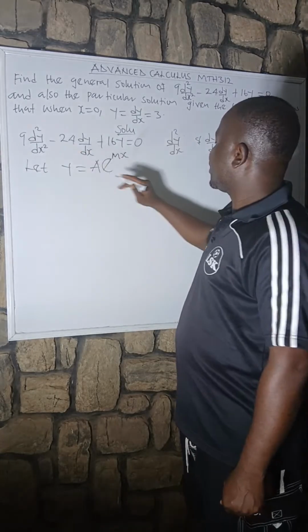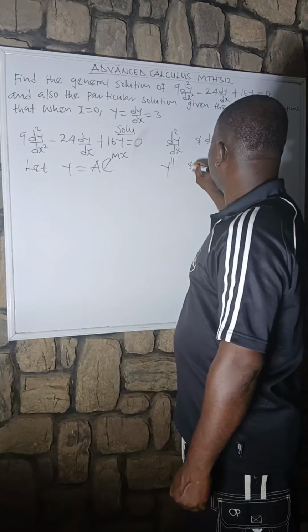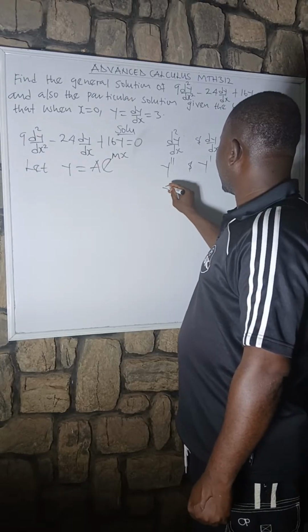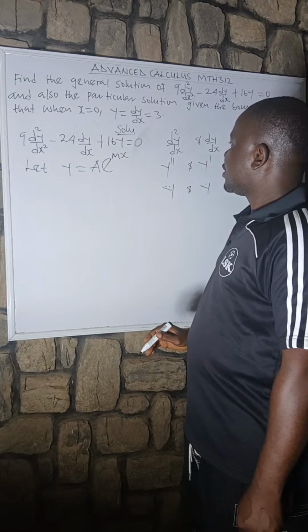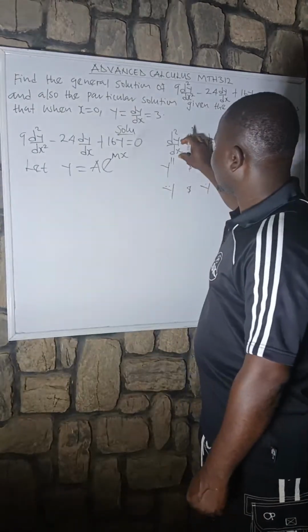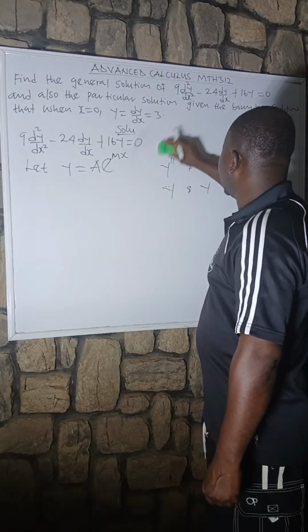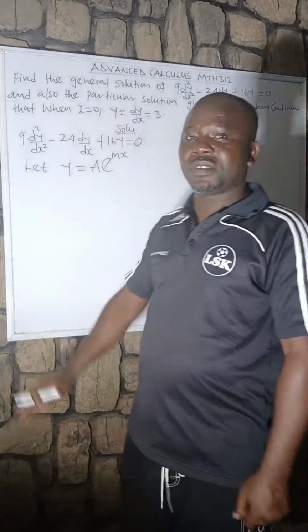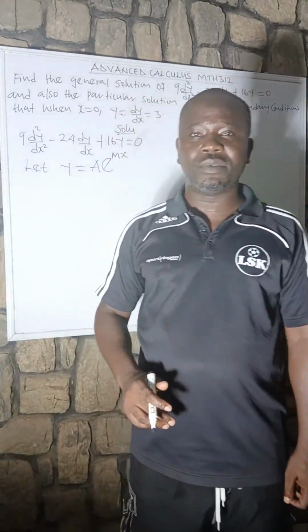But sometimes you may see the notation in this form, y prime prime and y prime, and sometimes y dot dot and y dot. Since it is in this notation, we'll be using this notation. Okay, so if you agree with me, let us go ahead to differentiate this function. Any question before I proceed?